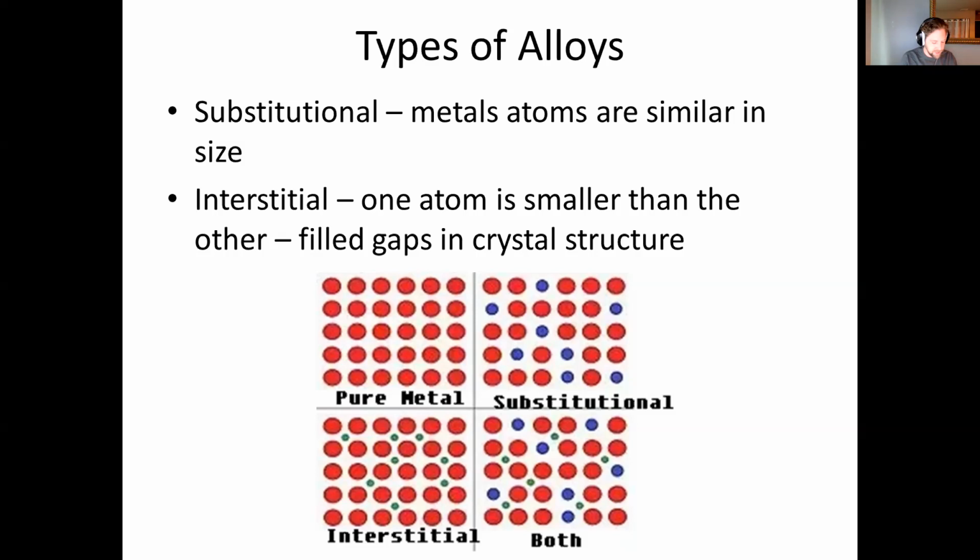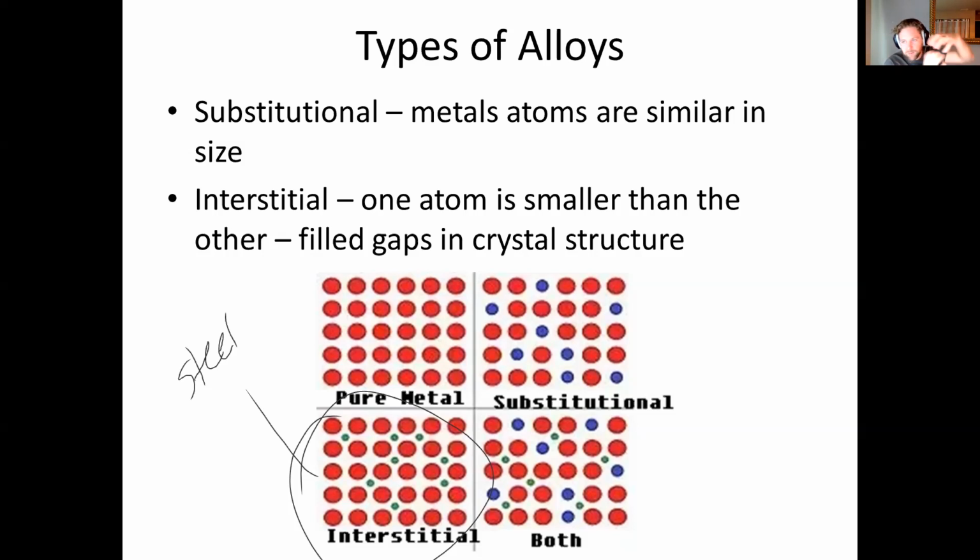So in an interstitial alloy, one atom is much larger than another. And we talk about alloys being multiple metals together, but often the one that's talked about with interstitial is steel, where the really small carbon atoms are filling the gaps in between the iron atoms. The more carbon atoms you have in steel, the stronger it is, but the more brittle, the more likely that steel is going to break.